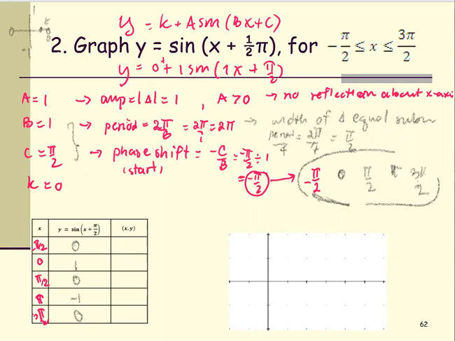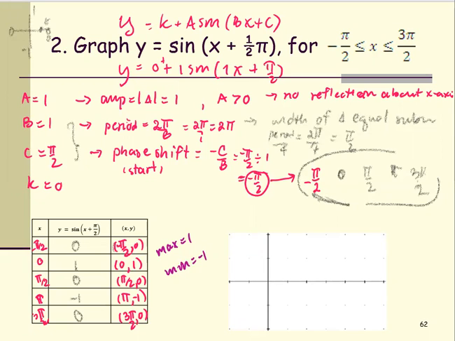Then we complete the table by making a list of the ordered pairs that we're going to use in the graphing area: negative pi over 2, comma 0; 0, comma 1; pi over 2, comma 0; pi, comma negative 1; and 3 pi over 2, comma 0. And we can see that the maximum value equals 1, the minimum value is negative 1.